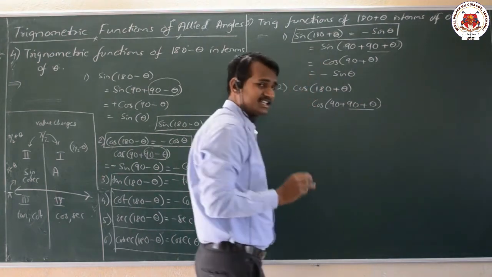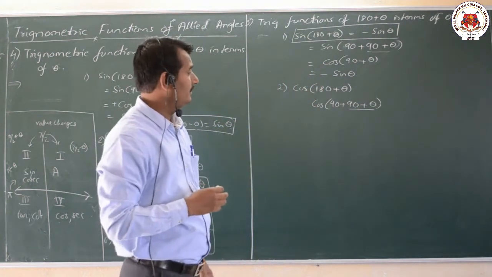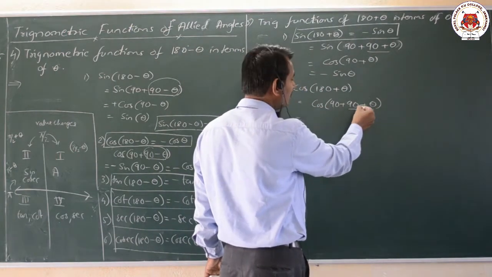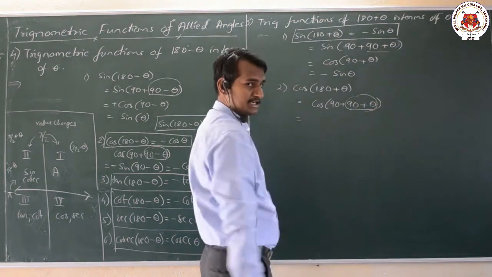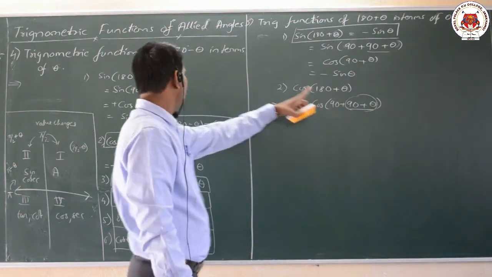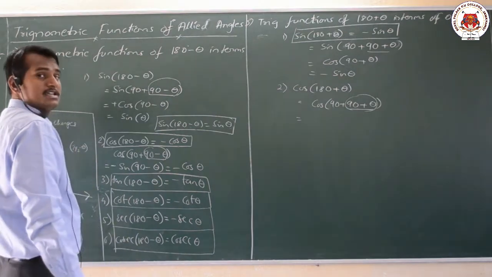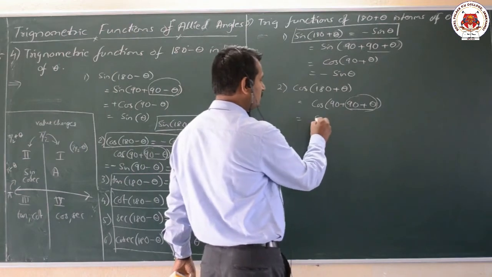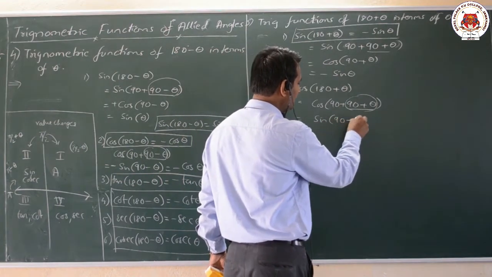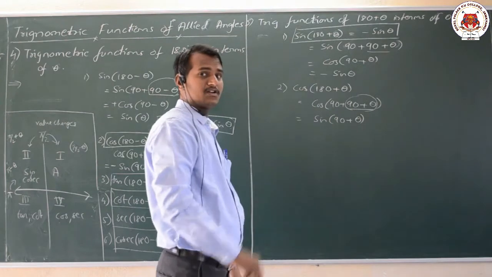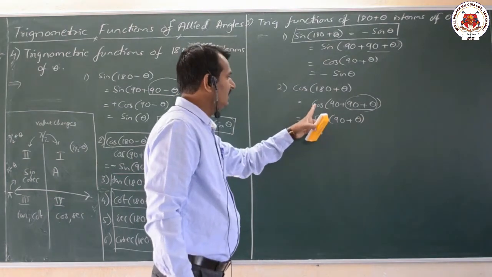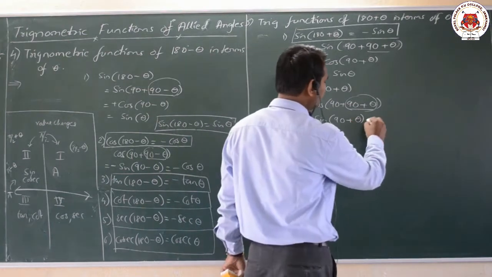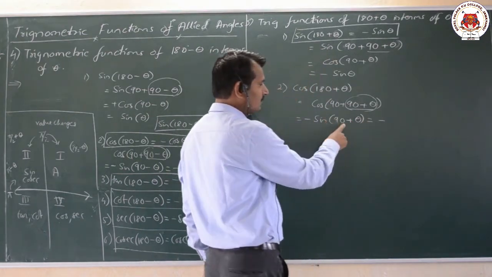If I consider 90 plus theta as a whole as theta, that is cos of 90 plus theta.